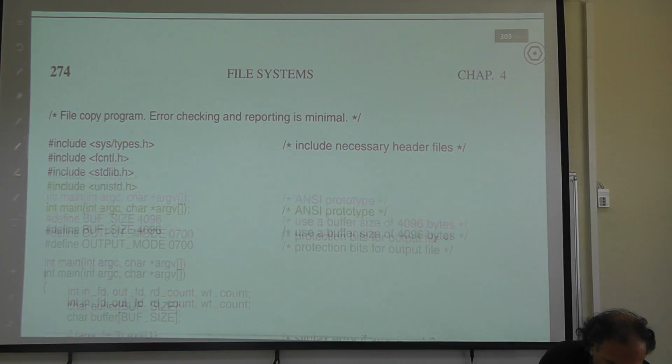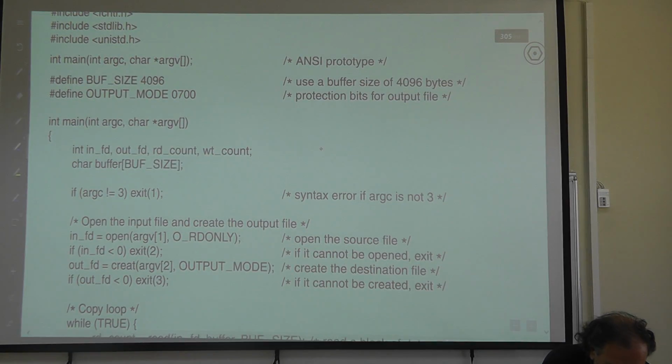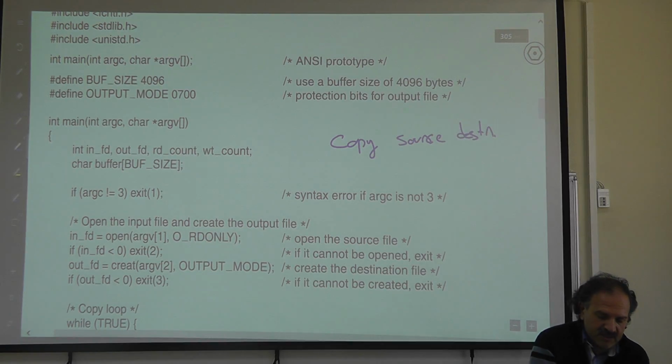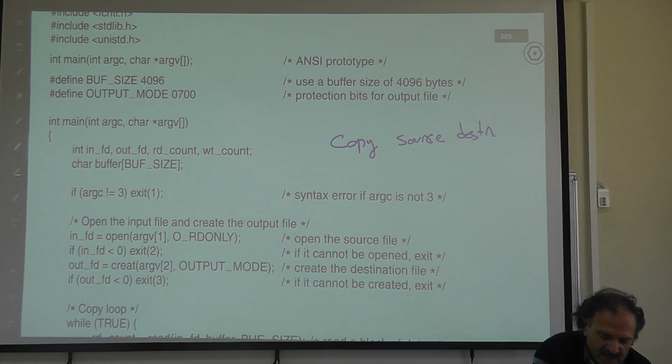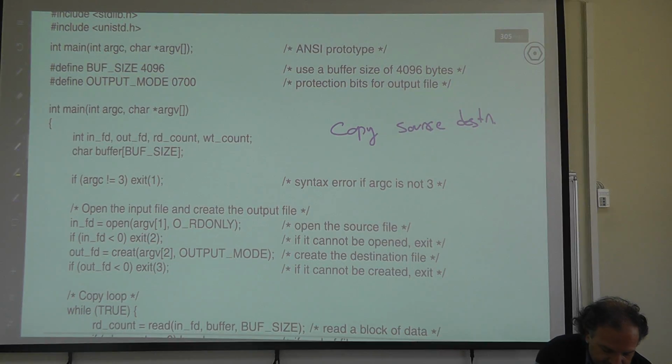So let's say my program is named copy, followed by source and destination. So this will be the format. If I don't have 3 arguments, then I will exit.